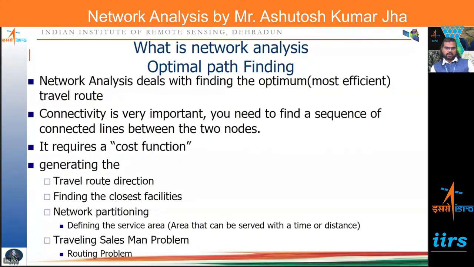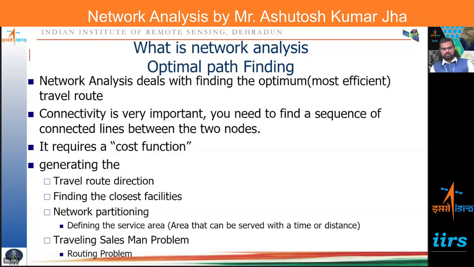Classification. So let's take an example of the optimal path finding kind of problems, where we require to find out the travel route. Generally, travel routes include starting and ending points, along with the cost associated with that.